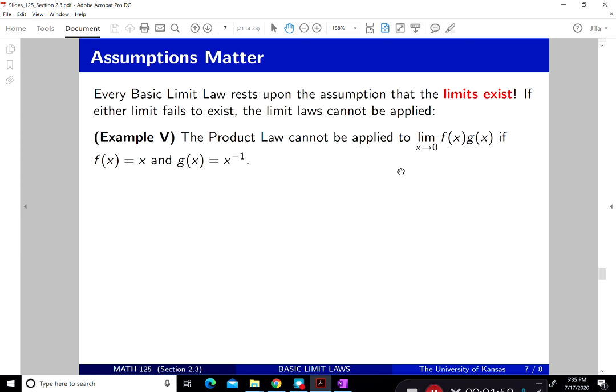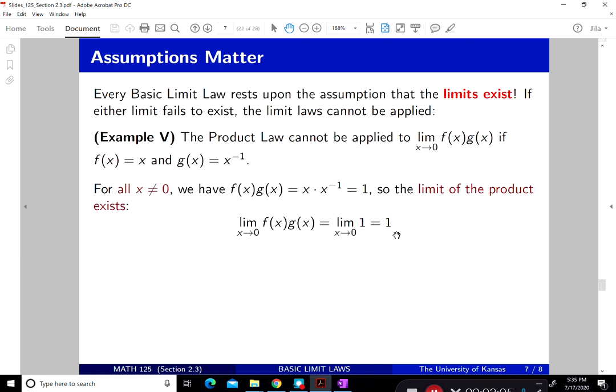Again, because the assumption is not satisfied, we cannot use the product law. But notice, f of x times g of x is going to be 1, so the limit of the product is always 1.